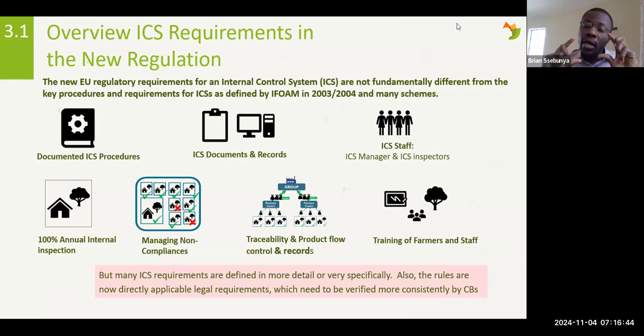And if we have to achieve compliance, then we have to follow the same rules across the board, whether we are within the EU or outside.